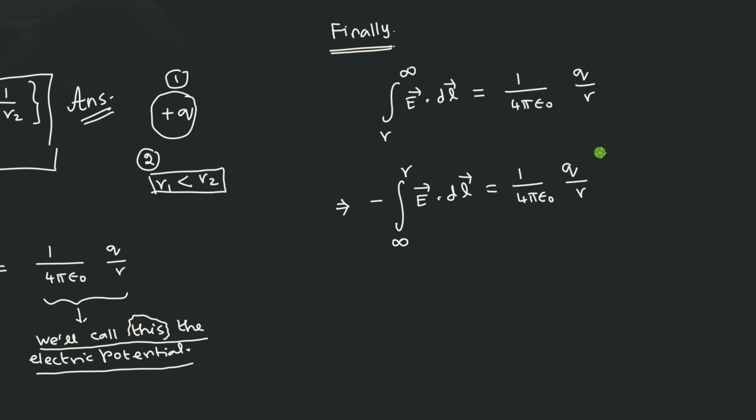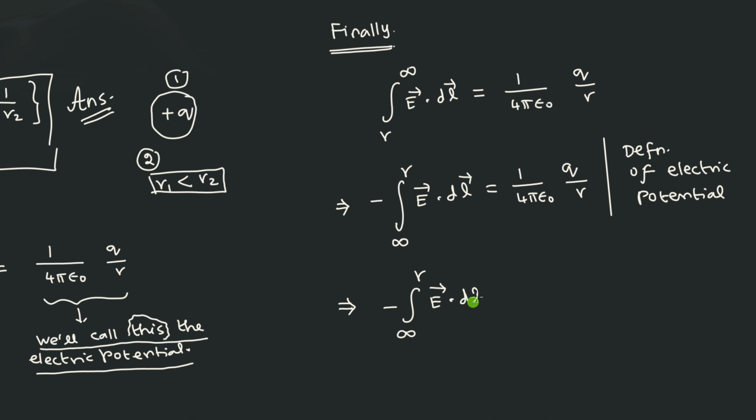So that is why I am making it clear, this is the equation used as the definition of electric potential. And let us write down another final form, that minus integral infinity to r E dot dl.